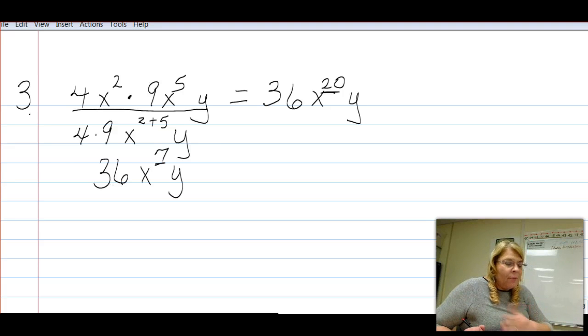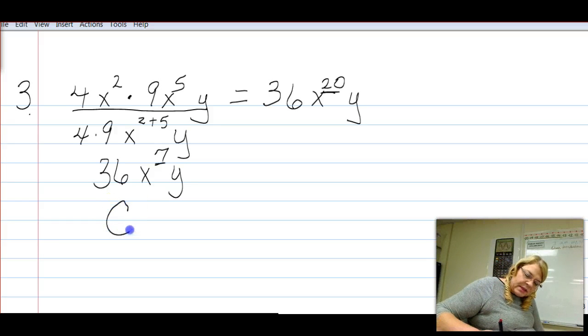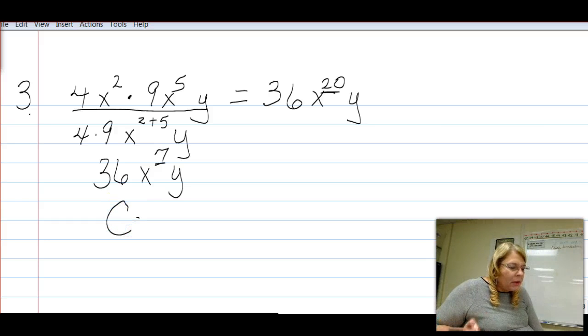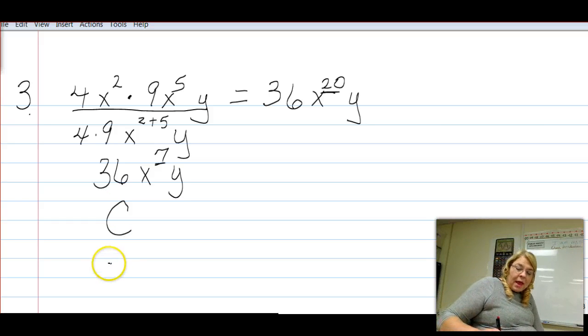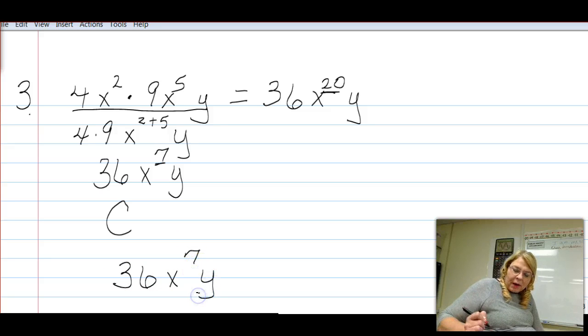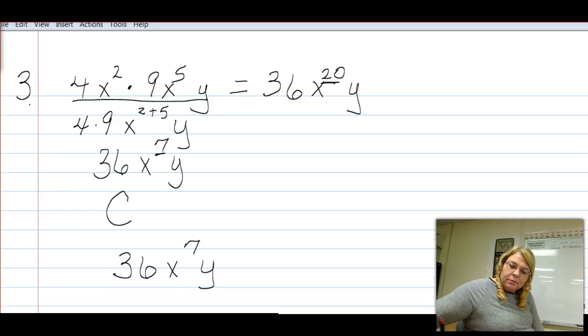Well, we can see that there is a mistake, so our choice is C. I multiplied instead of added my exponents. And then the last part is to type the correct answer. And so this is your correct answer.